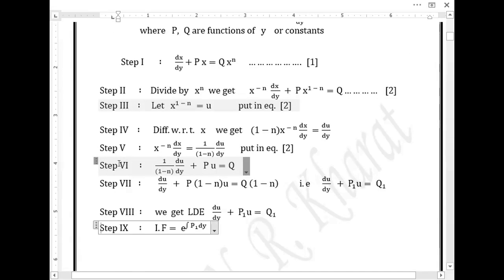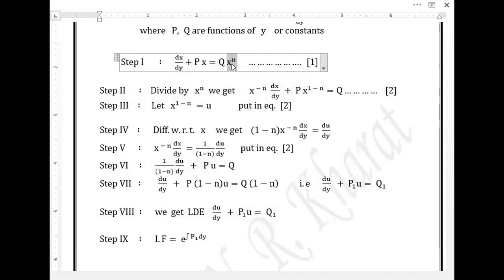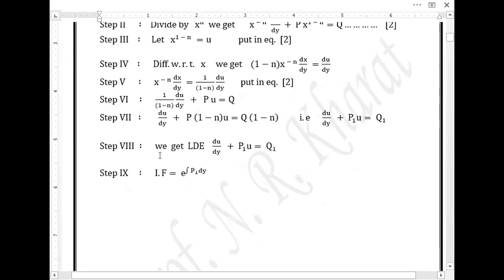So type number 1 and type number 2 are both identical, in which we only have to convert the given differential equation into a linear differential equation. These are the steps involved in converting a Bernoulli's differential equation into a linear differential equation, by making the right hand side only a function of x in type number 1 and of y in type number 2. If y raised to n or x raised to n is multiplied with q, we shift it to the left hand side by dividing the entire differential equation by that index.